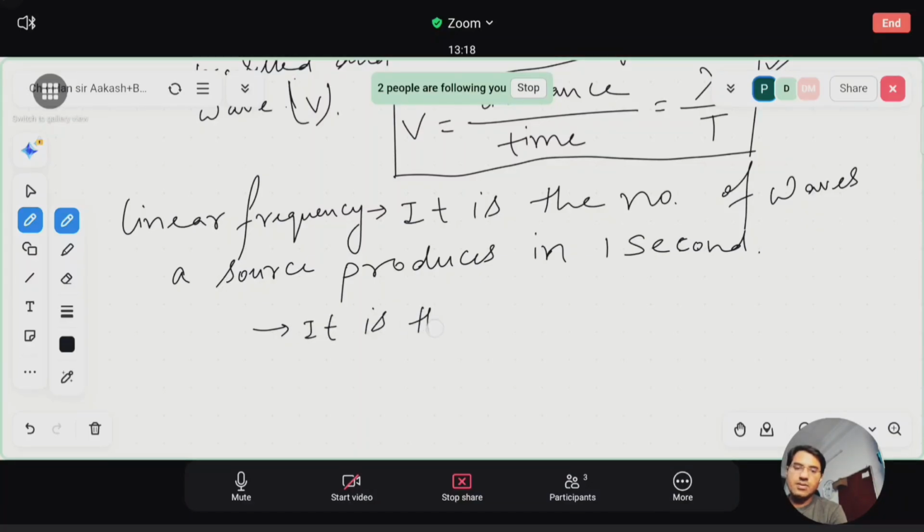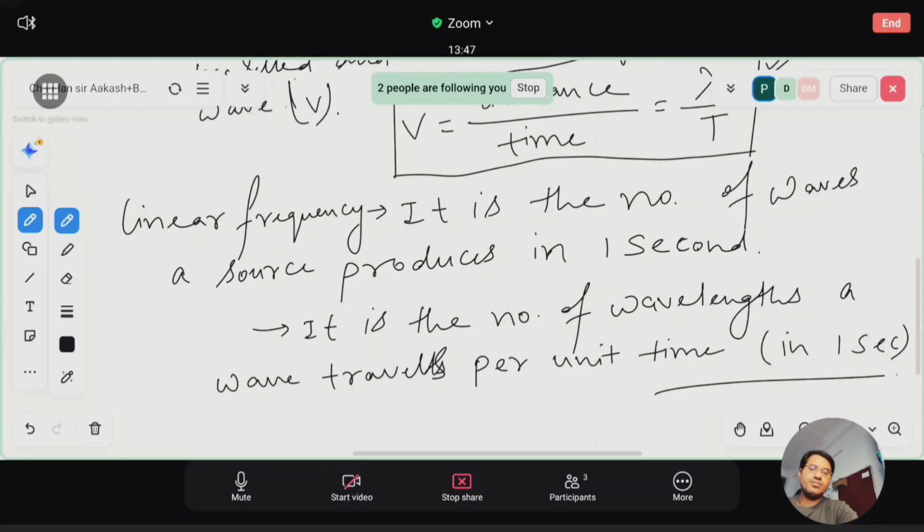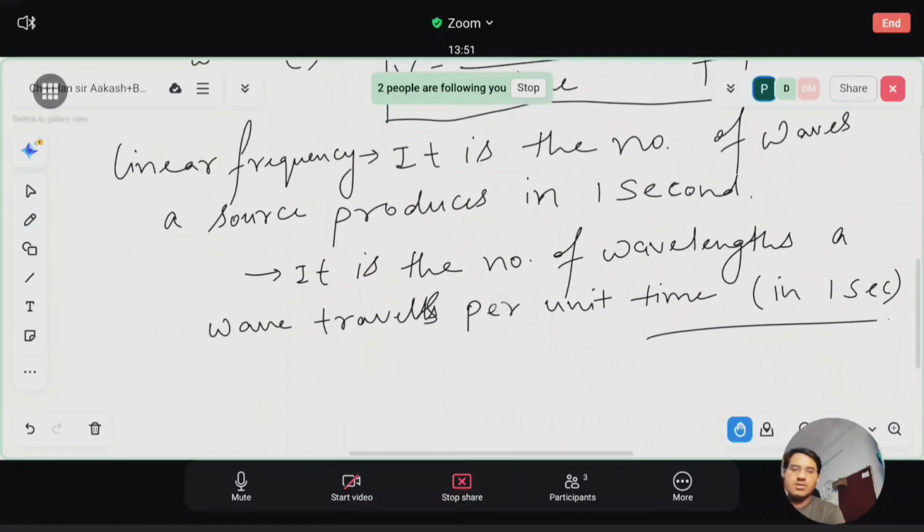It is the number of wavelengths a wave travels per unit time, or we can say in 1 second. So you will say, okay, but how to denote the frequency?